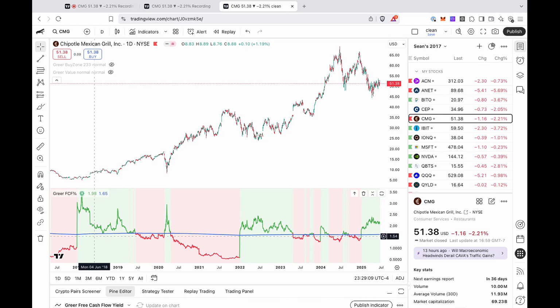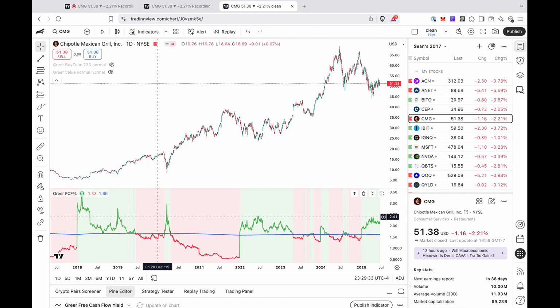When it goes over the average and turns green, this might mean the company is actually undervalued. This is Chipotle in this example. So when it's green, it means that it is undervalued, and it might be a good time to accumulate. And when it's red, it might be overvalued.